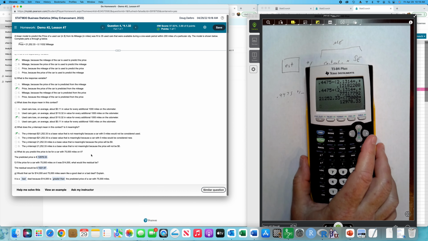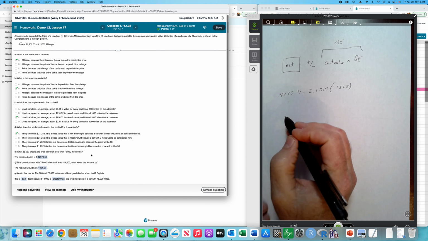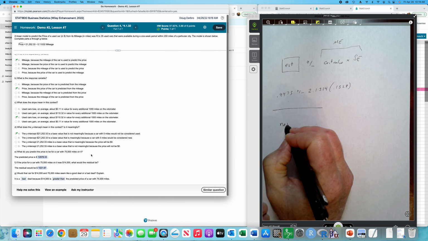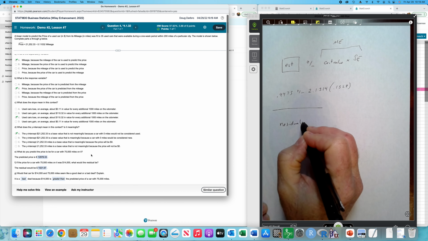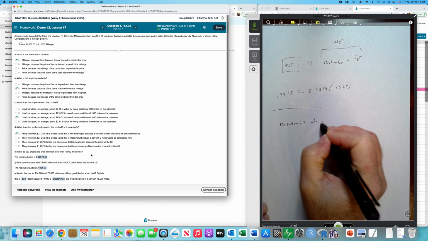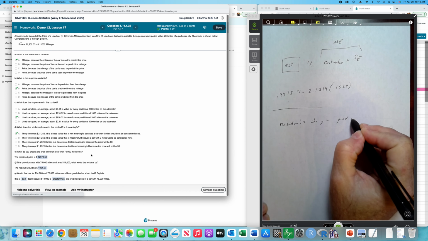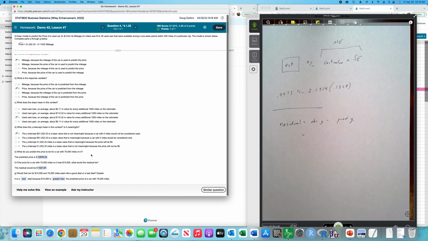Now, next thing we get into is a residual. And I taught that in a previous video, but the residual is just the observed Y minus the predicted Y. So the predicted Y in this case for a car of 75,000 is 12,978.